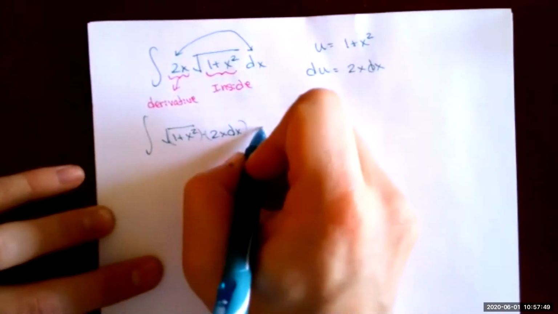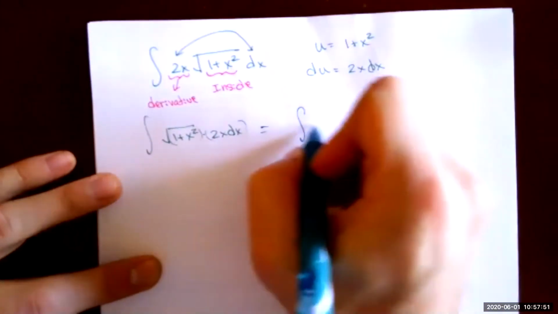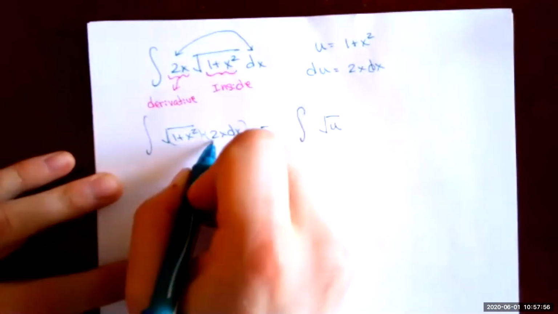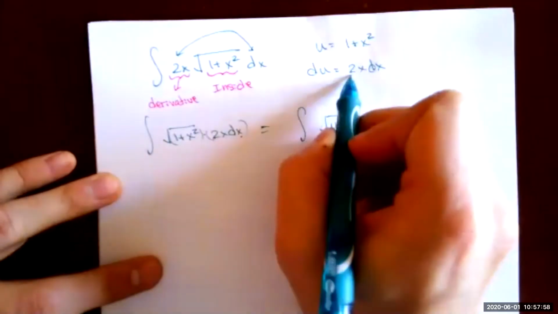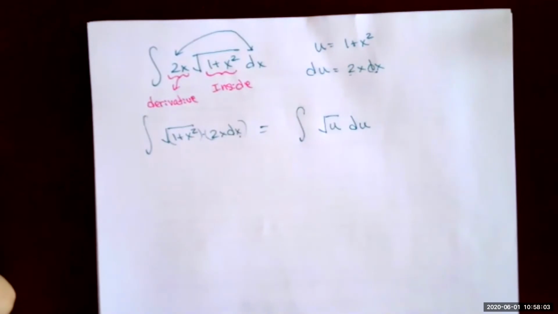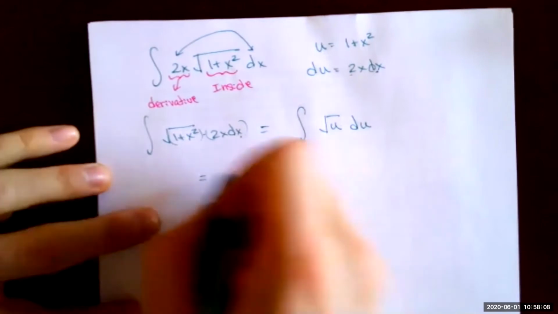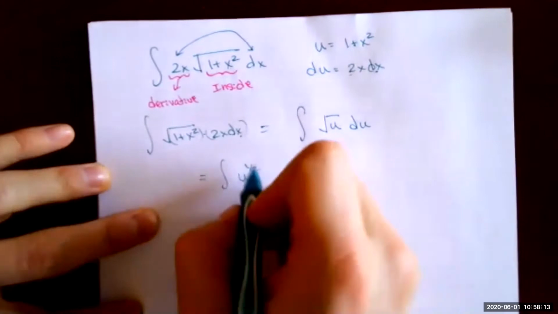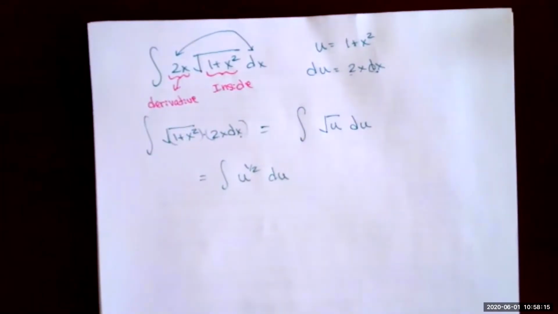So now when I substitute, we're going to have square root of the 1 plus x squared is just u. And then this whole thing, this 2x dx, is just du. The antiderivative of this, hopefully you are pretty good at these now, or at least with the basics of polynomials and all the other functions that we start with, our trig, our logs, our exponents.